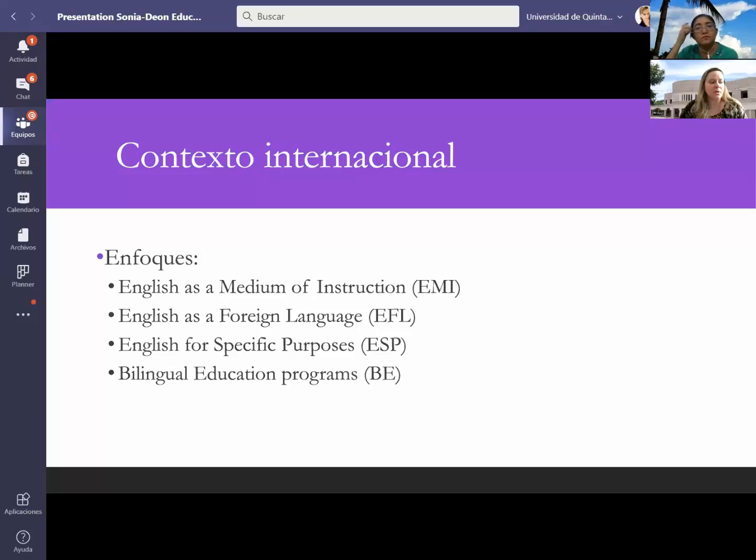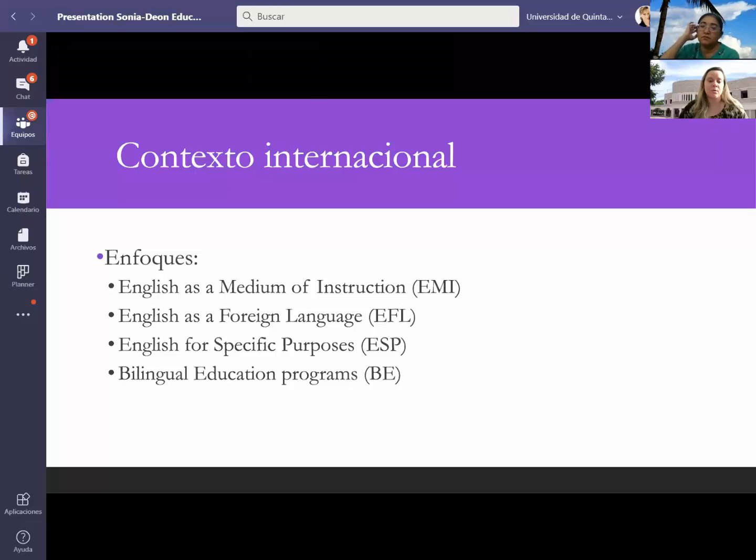Bilingual Education Programs, esto originalmente lo veíamos hace muchísimos años únicamente en los países y se ligaba mucho con English as a Second Language, pero se ligaba muchísimo en el sentido de países donde el primer idioma era inglés y generalmente se utilizaba para la enseñanza a estudiantes que llegaban al país, pero que su lengua materna no era el inglés, ¿no?